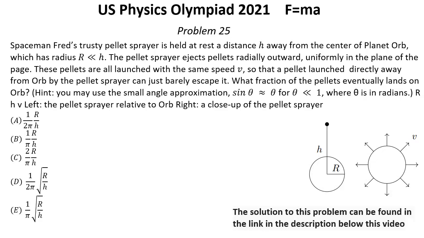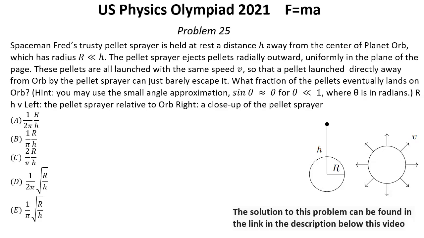These pellets are all launched with the same speed v, so that a pellet launched directly away from Orb by the pellet sprayer can just barely escape it. What fraction of the pellets eventually lands on Orb?